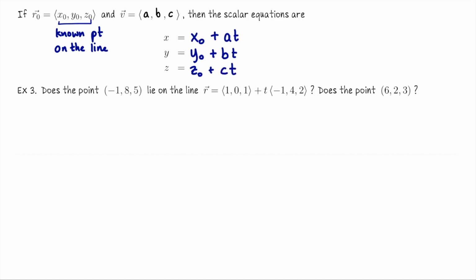So again, those three equations taken all together describe the line.